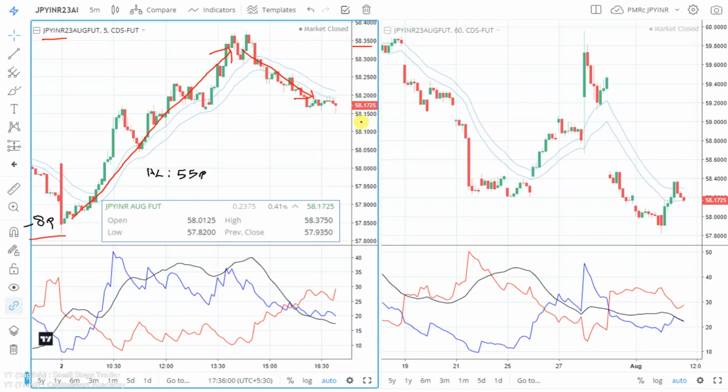It came down to 58.15, so 20 paise corrected from the upper side. At the end, it closed 23 paise positive. Usually the general volatility is 25 to 30 paise, so today was quite big volatility, and it ended with 23 paise on the positive side.